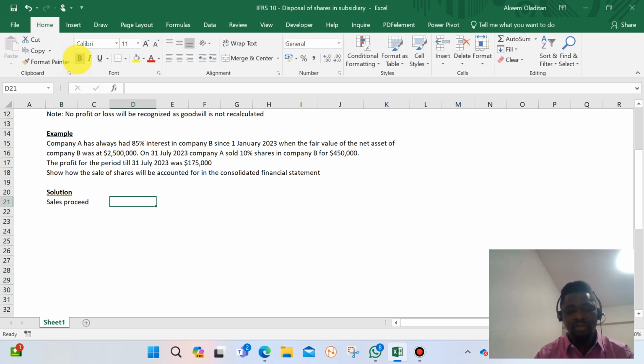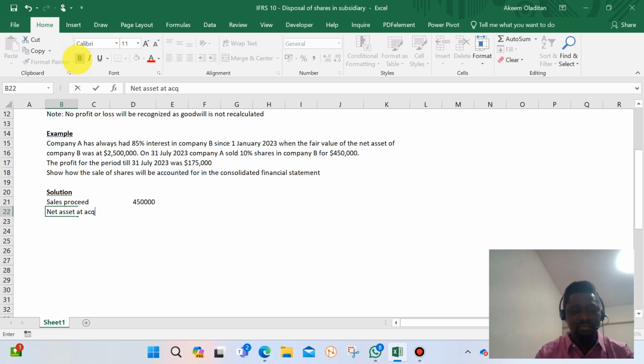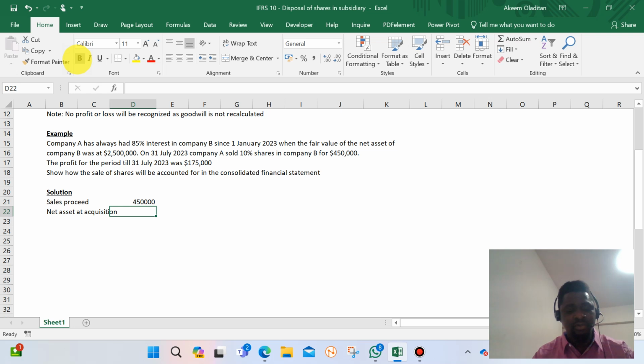What is the sales proceeds? It is $450,000. Put it out. What are the net assets at acquisition, or at the beginning? It is $2.5 million. Net assets at acquisition, yes.